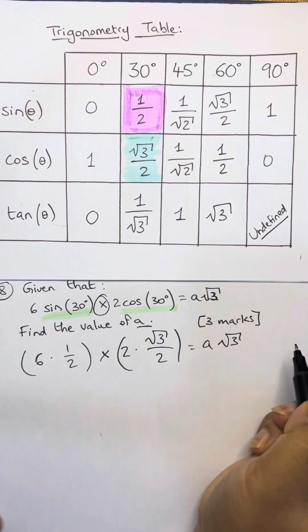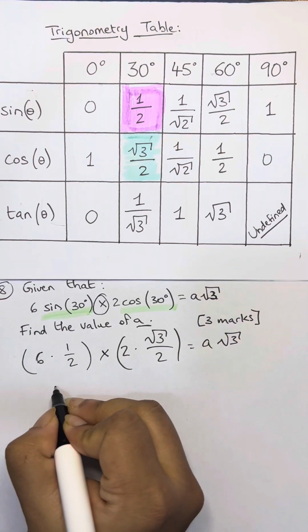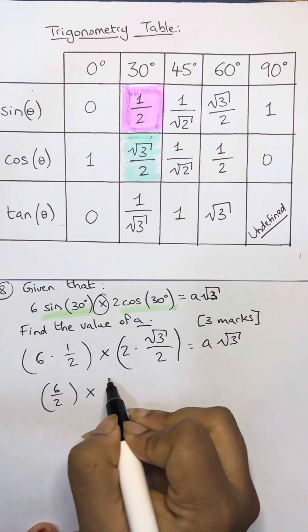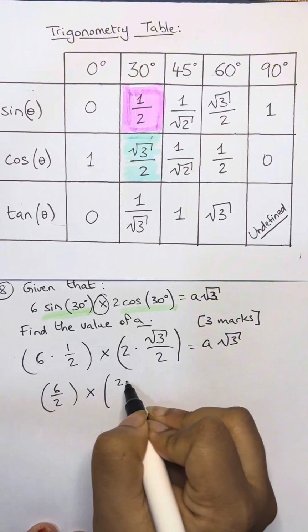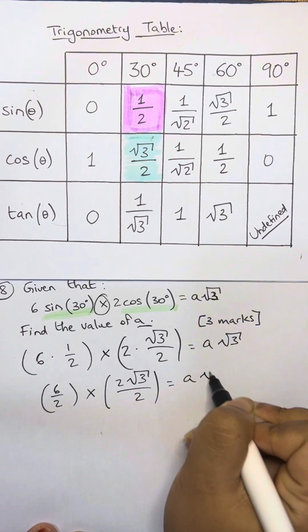So 6 times a half is 6 over 2, multiplied by 2 root 3 over 2, equals A root 3.